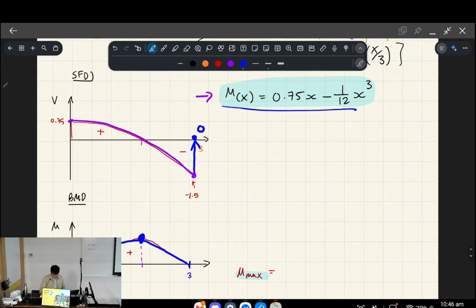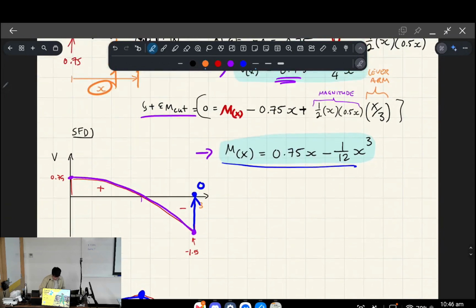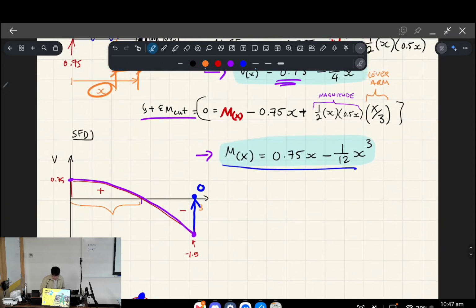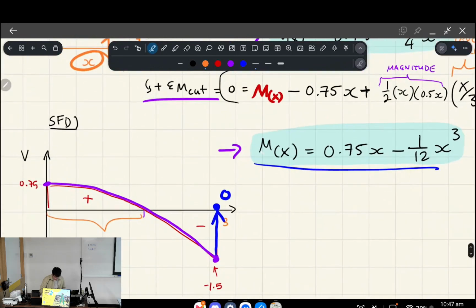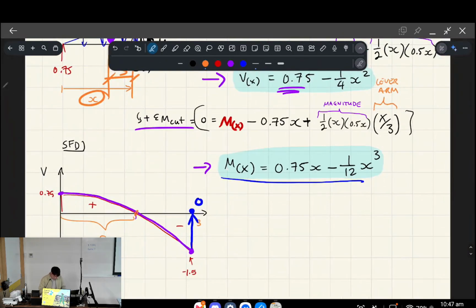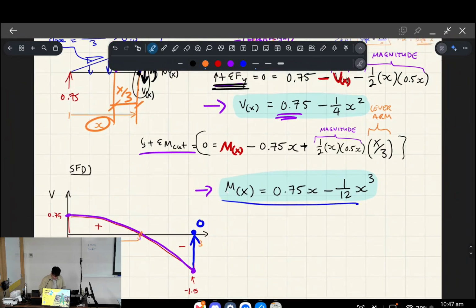There's a few ways to do this, but I think the simplest way is to look at the shear force diagram and figure out where, let's call this distance C, the shear force equals 0.